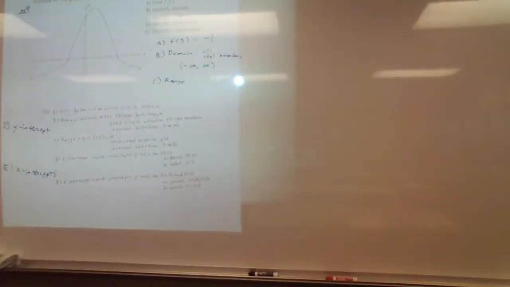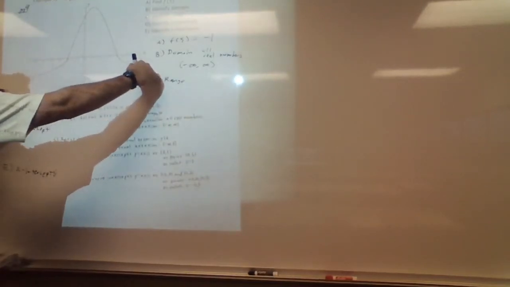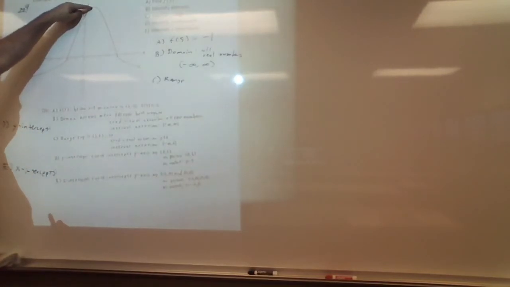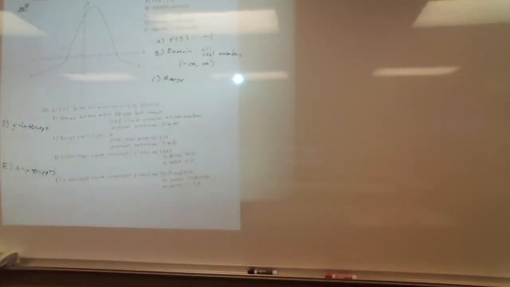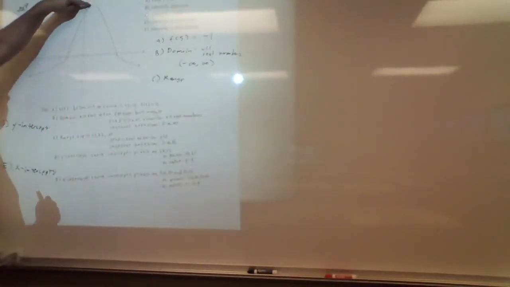Now the range is not so simple. The range goes down forever. These arrows mean this is going to go down forever. But there's an upper limit to the y, and that is 6. The upper limit is 6, but there's no limit to how low they can go.